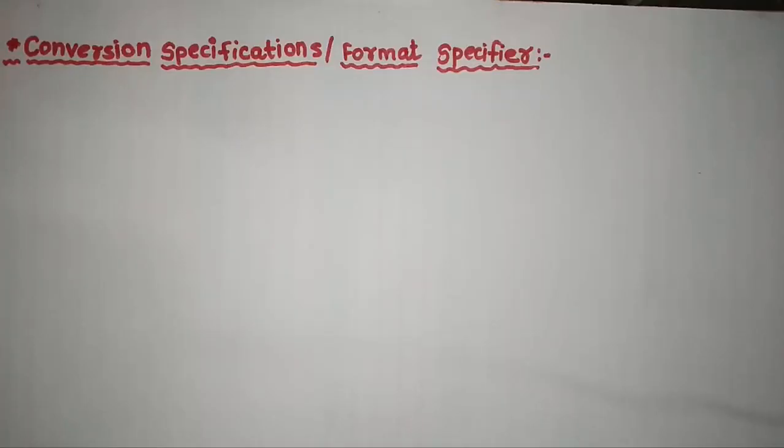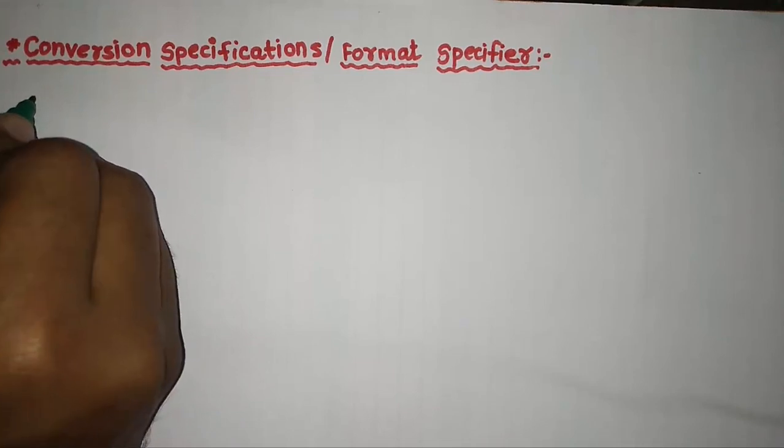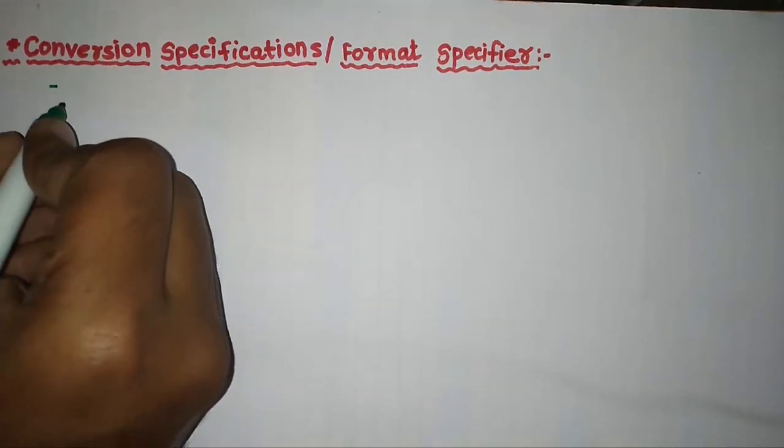Conversion specifications, which are also known as format specifiers. The conversion specifications or format specifiers are mainly used to define the type of data.